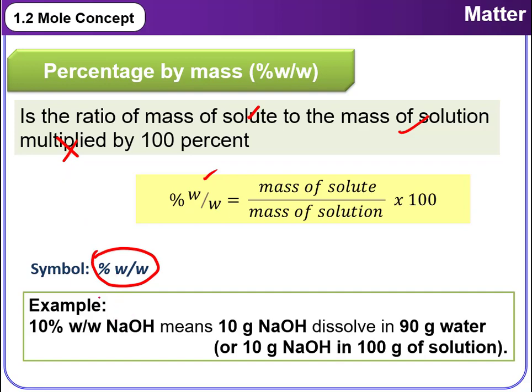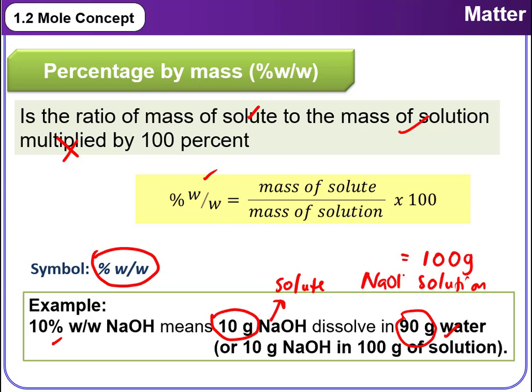Example, if you are given the statement 10% weight per weight of NaOH, what does this mean? This means we have 10 gram of NaOH, the dissolved solute, in 90 gram of water, made up of a total of 10 plus 90 equals 100 gram of NaOH solution.